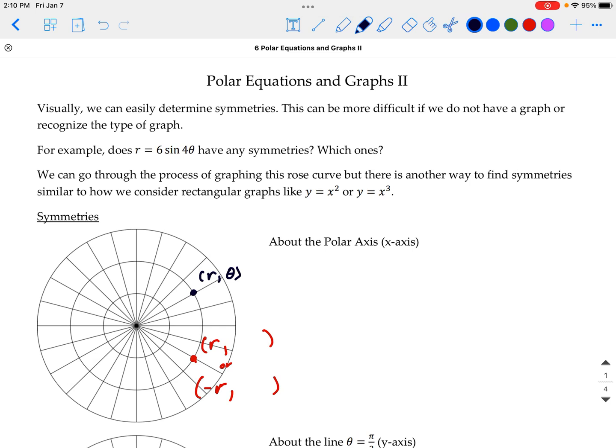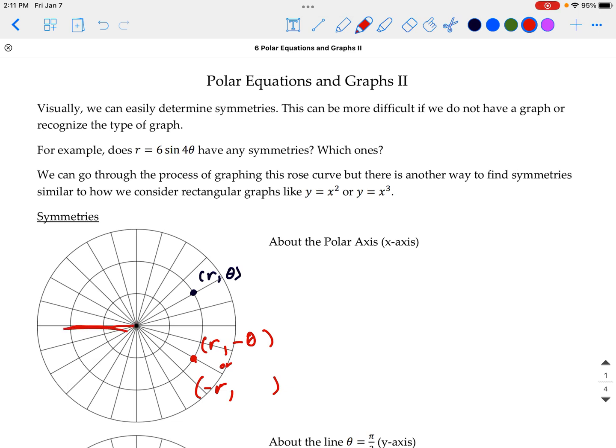And we need to figure out what value the angle should be to map to that same point. We can see here that if we measure out r units, we can just rotate in reverse to get theta. So this coordinate would be equivalent to r comma negative theta.